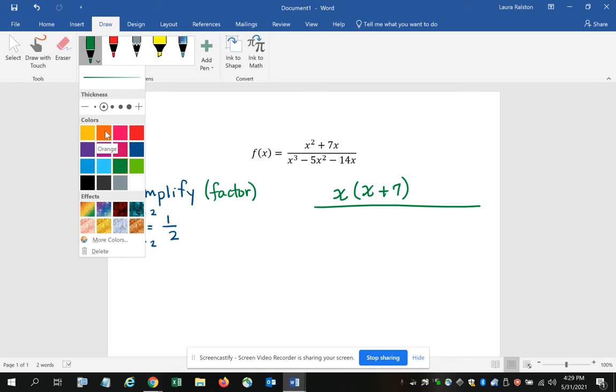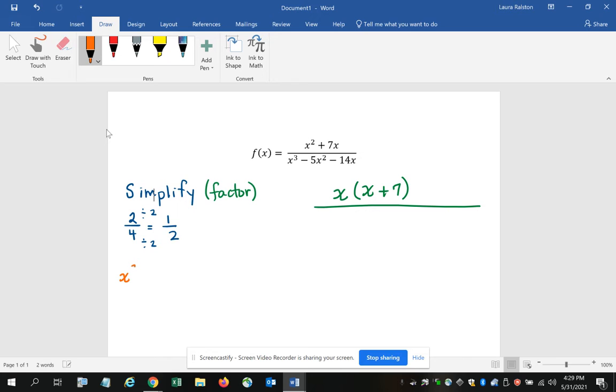In the denominator, it may be a little bit more complicated, so I'm going to come over here to the side. x cubed minus 5x squared minus 14x, and do some scratch work. I do notice that all three pieces have an x, so I'm going to factor it out. That leaves me with x squared minus 5x minus 14. So I have the x out front, and then I need to break down the quadratic.